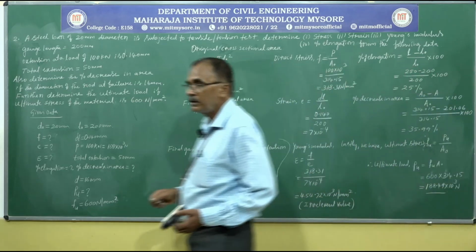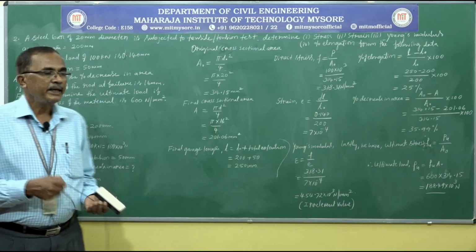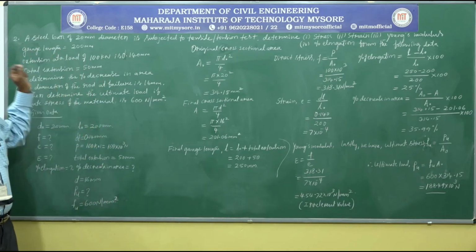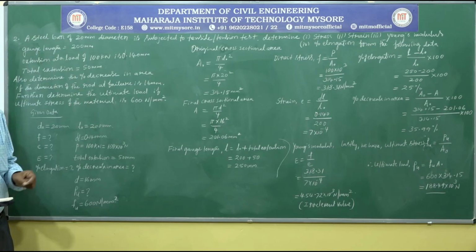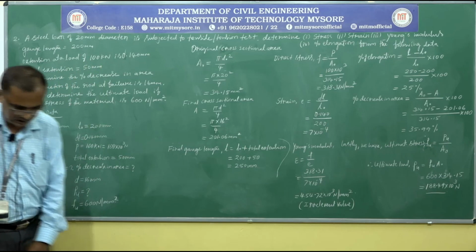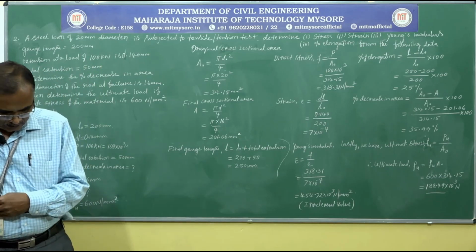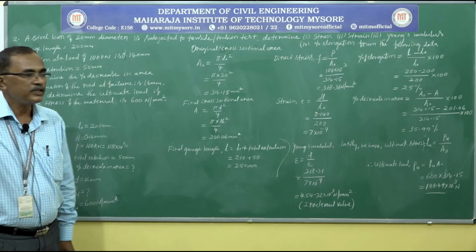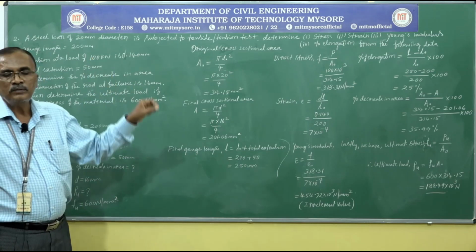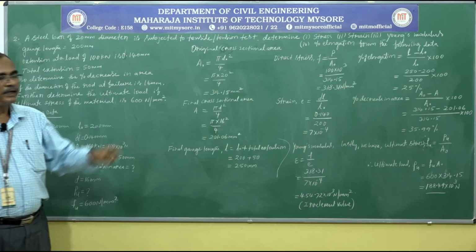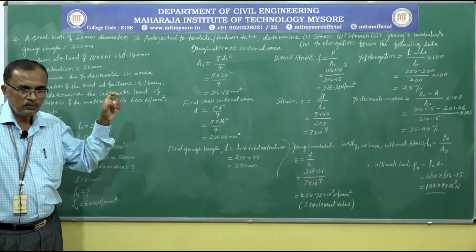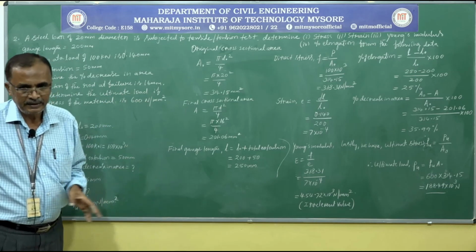So likewise, you can solve any type of problem. First thing required is we need to understand the problem, and we should have an idea about the various salient points and corresponding relations. Here, the load, cross sectional area, and corresponding points are very important.